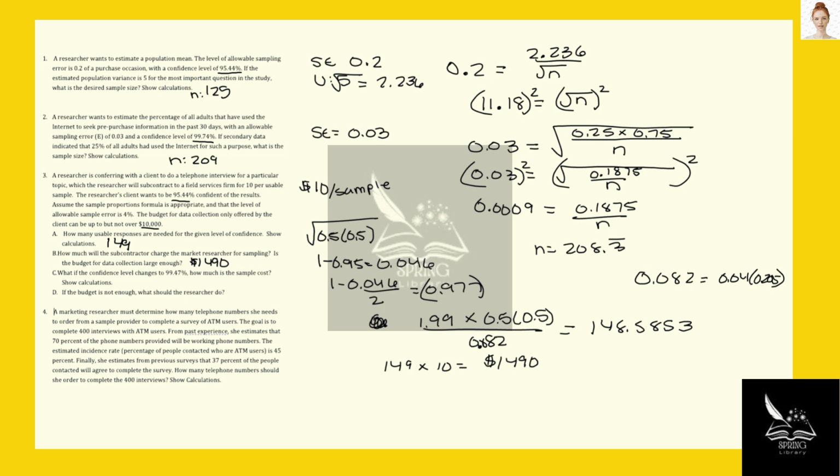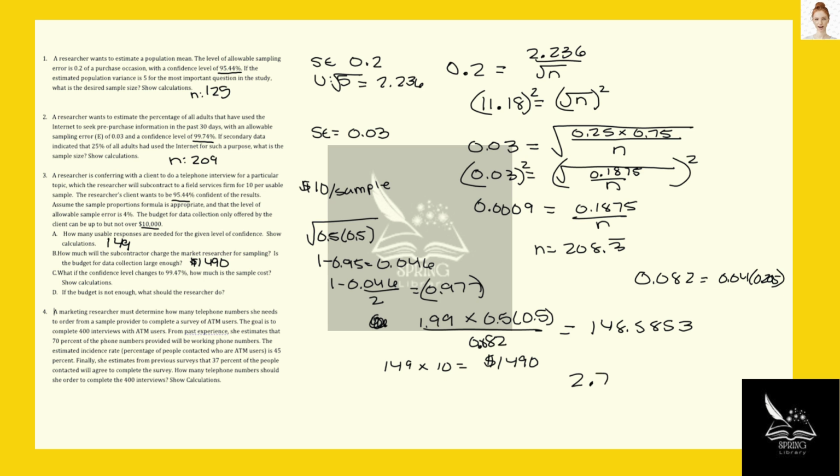So what if the confidence level changes to 99.47%? How much is the sample cost? So 99.47, and so then your z-score would change.